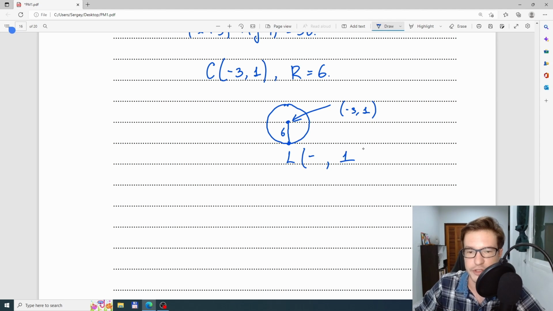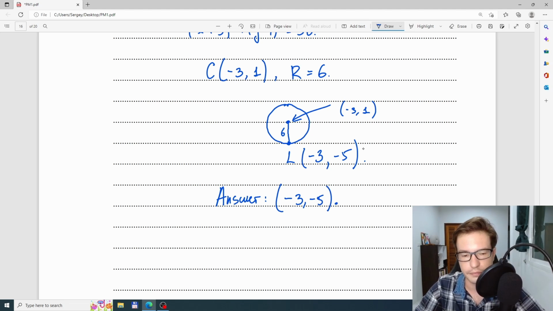The y coordinate is going to be 6 lower than the y coordinate of the center, which is 1 minus 6, so it's minus 5. And the x coordinate is going to stay the same, so it's minus 3. Here's the answer. The lowest point is (minus 3, minus 5).